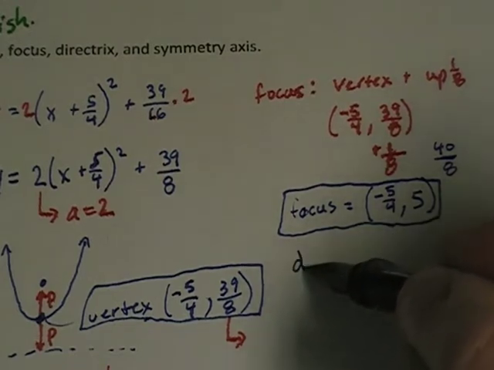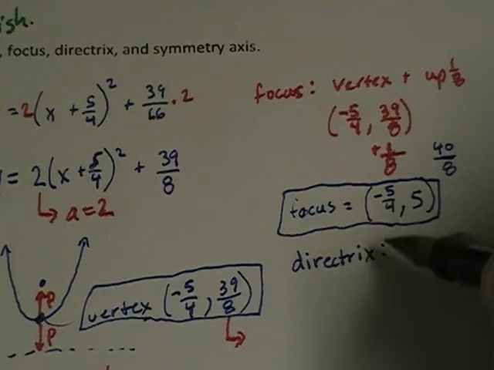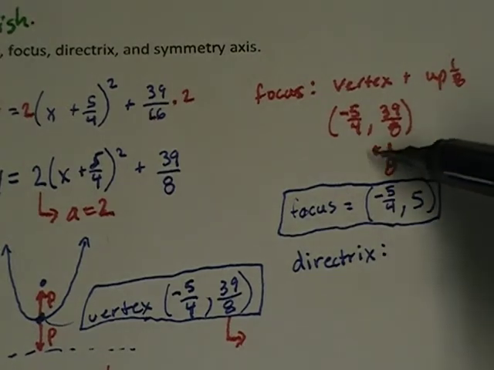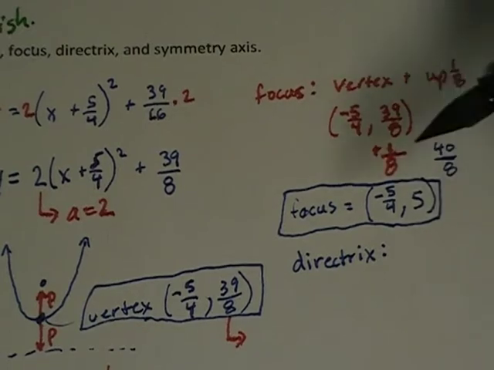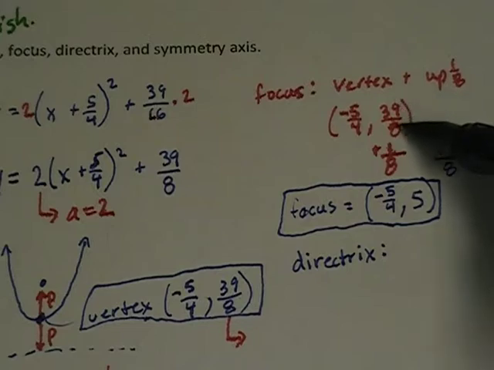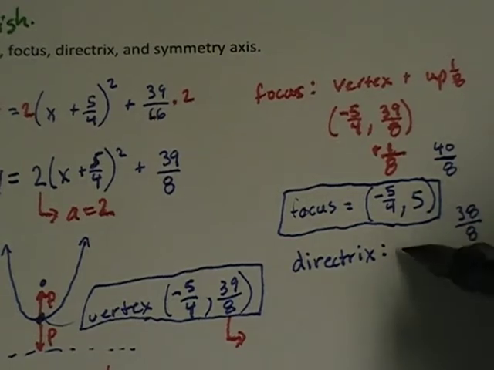Well, the directrix is going to be the same thing, except instead of going up 1/8, it's going to go down 1/8. So instead of saying 39 plus 1, I'm going to say 39 minus 1. Well, 39 minus 1 is 38/8.